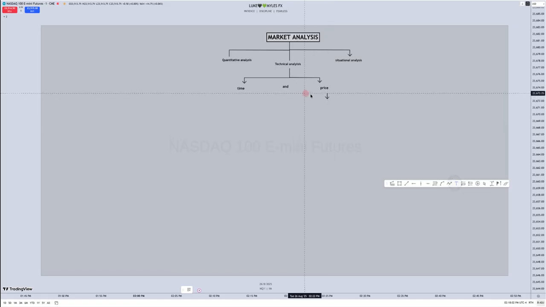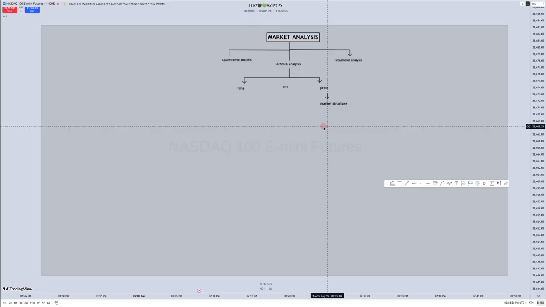Market structure, I would say, is the appearance of the market, whether bullish or bearish, the overall appearance of the market, the data that you are provided with.